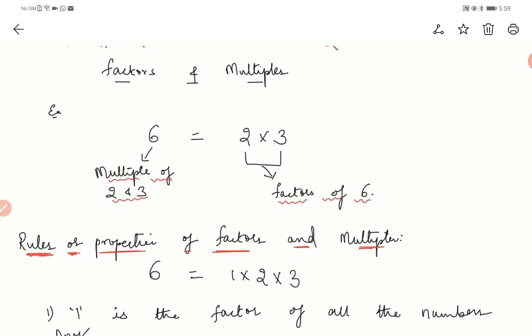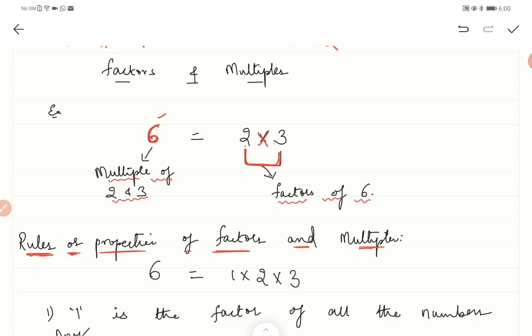I took the example of 6 here. You can write 6 as 2 into 3, in its table we have 2 threes are 6. These two we call factors of 6.